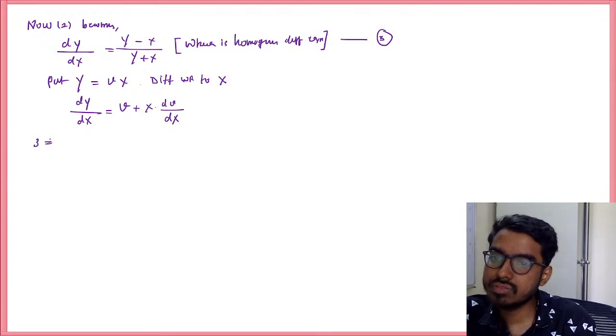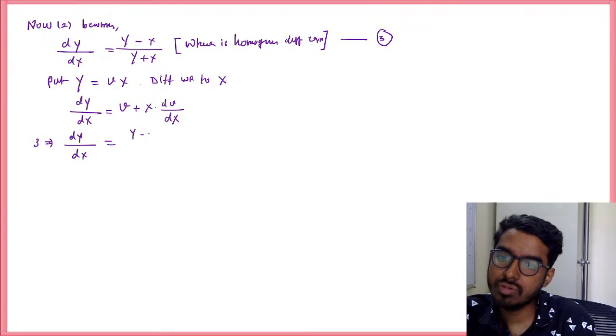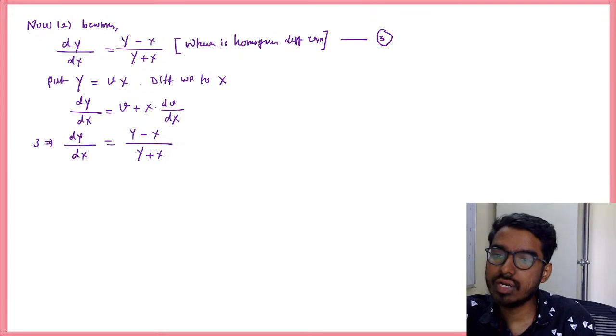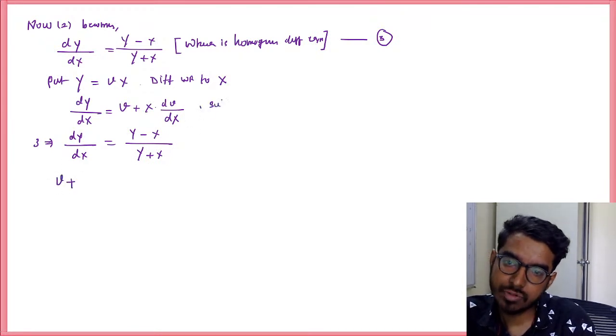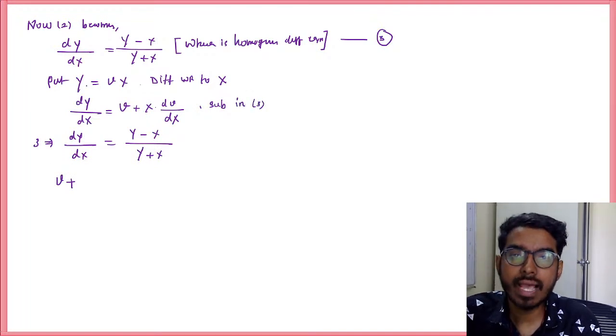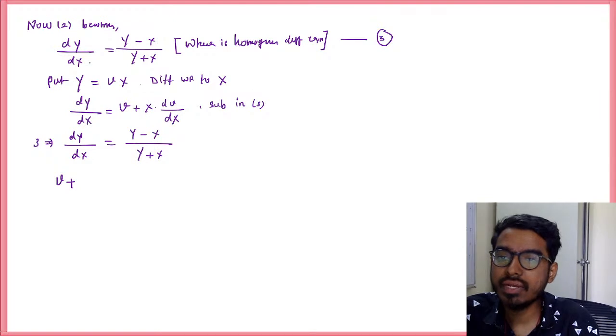Now, we have dY by dX is equal to (Y minus X) divided by (Y plus X). Substitute the value of capital Y and dY by dX in 3.